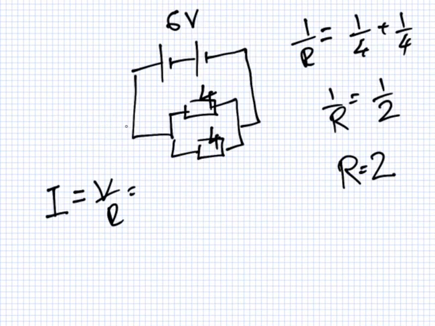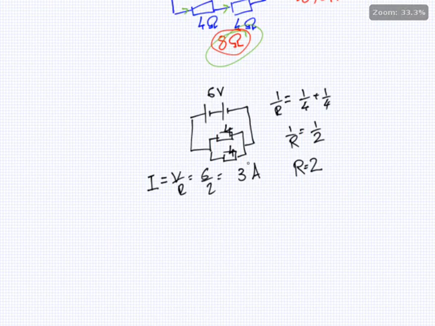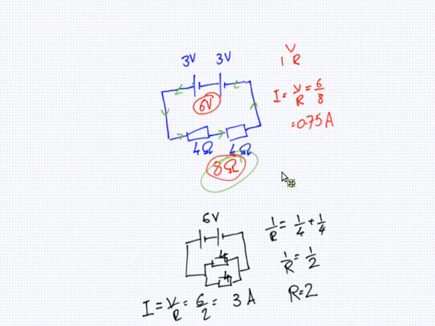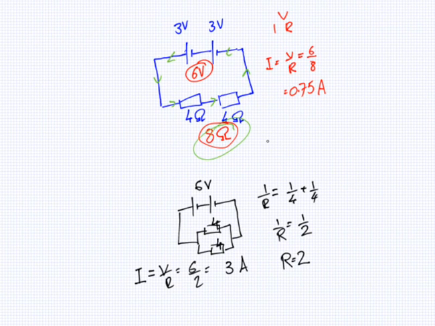Okay, next. Voltage is constant. V1 equals V2. So what I mean by that is, let's say you have something like this.